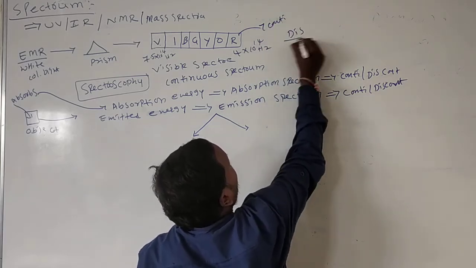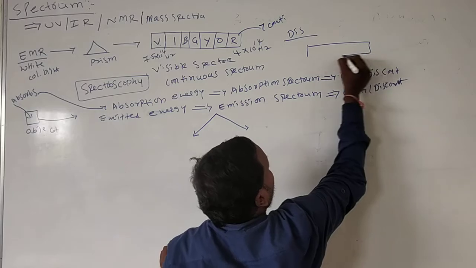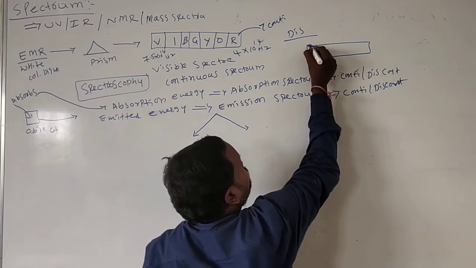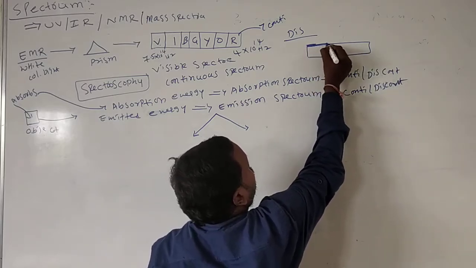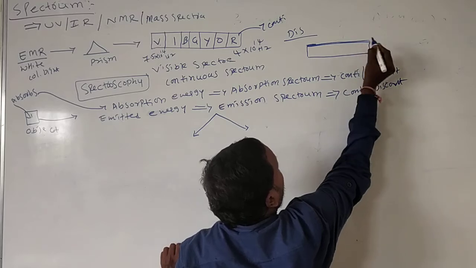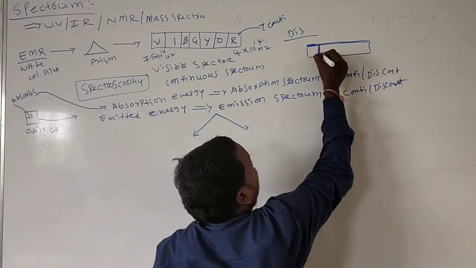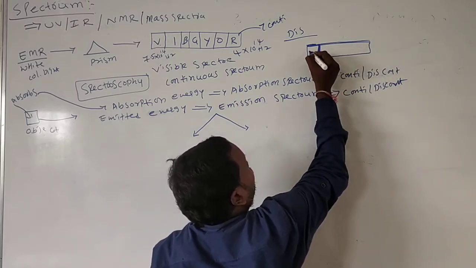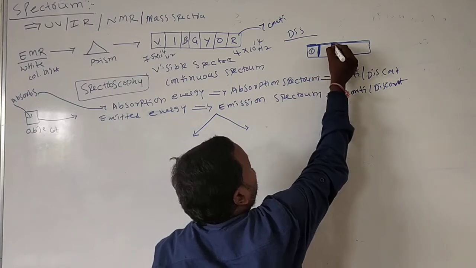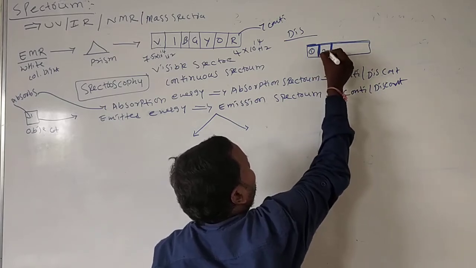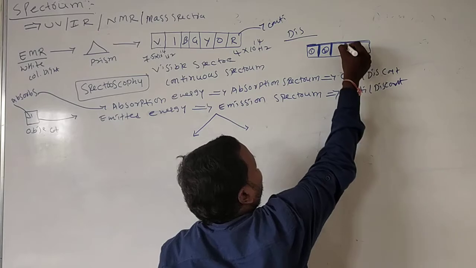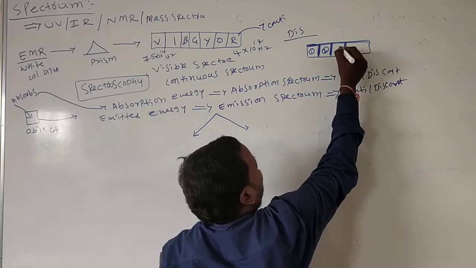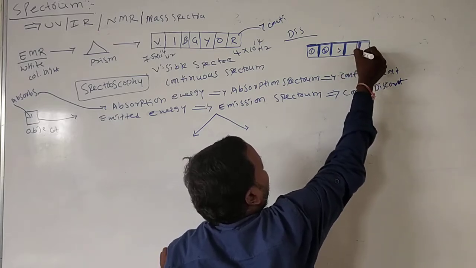Discontinuous spectrum means, see, this is the picture. Here, this is one color. This is another color. This is one more color. This is one more color.